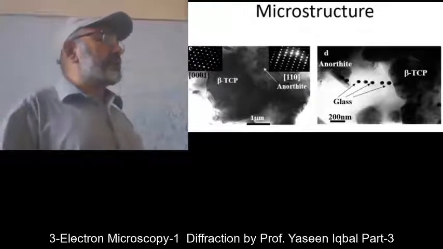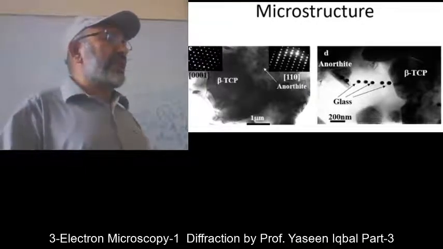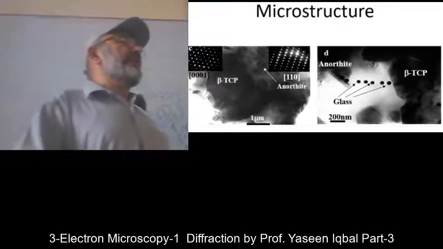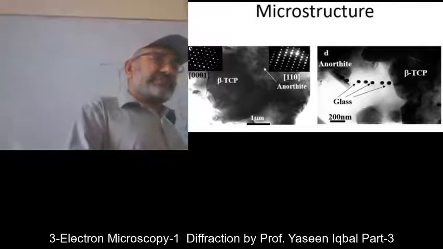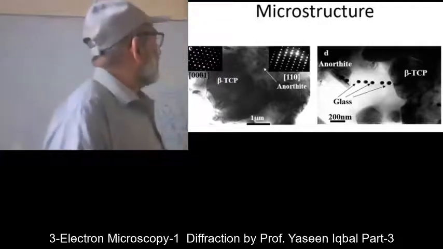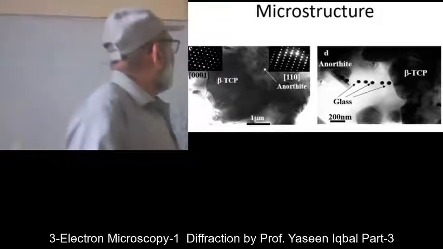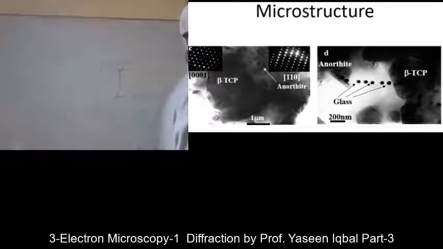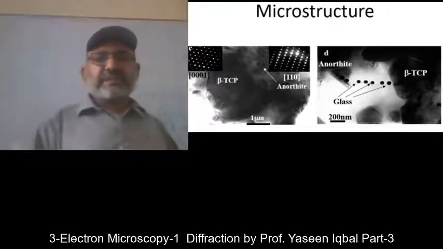That electron microscope, I told you in the start, it shows you the morphology of the crystal. The morphology of the individual crystal. If you look in some places, do you see the difference?